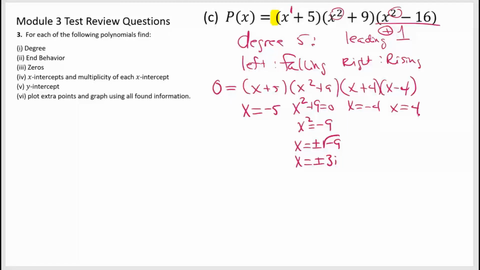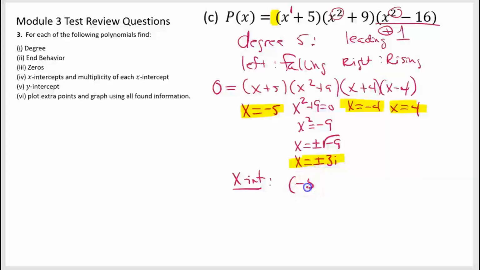So those are all of my zeros. Is that all my zeros? Let's count. That's 1, 2, 3, 4, 5. Look, it's a degree 5. Sure enough, that's all my zeros. So zeros I'm going to highlight: negative 5, plus or minus 3i, negative 4, and 4. But what about x-intercepts? Well, these right here can't be x-intercepts. When you talk about x-intercepts, it's only the real numbers, no imaginary stuff.